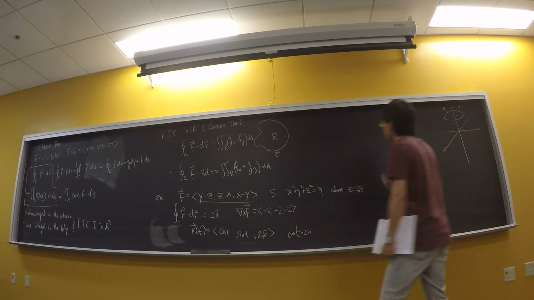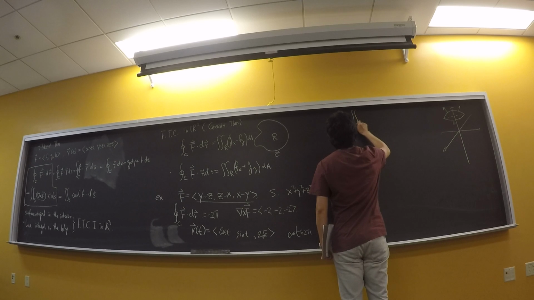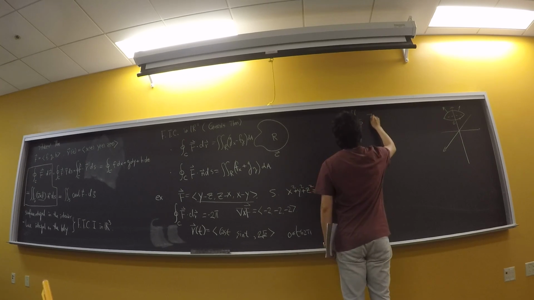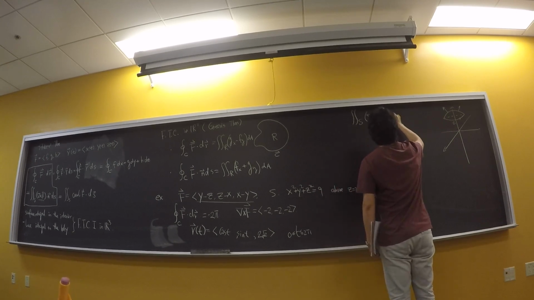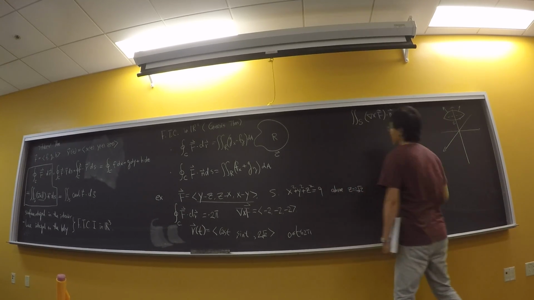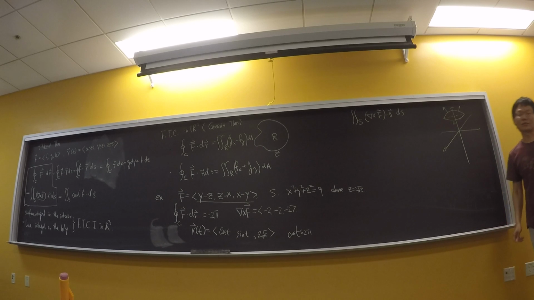Okay, the second part of the problem is that I want to take the surface integral of the curl of the function. Again, whether it is a line integral or a surface integral, the key step is to set up the parametric equation.